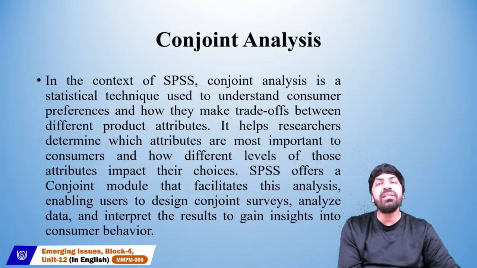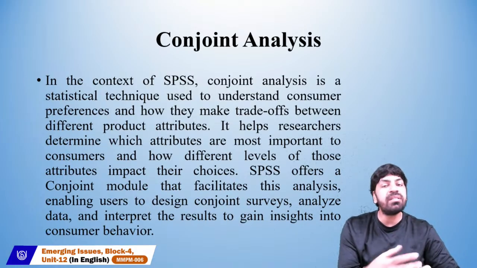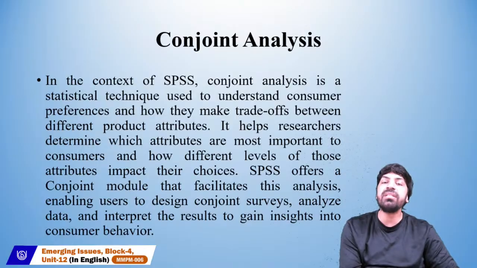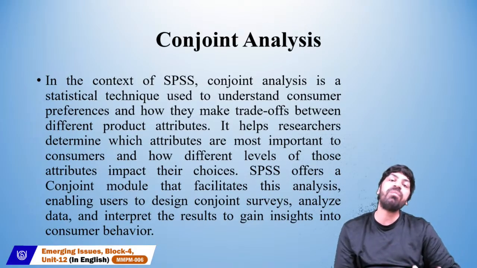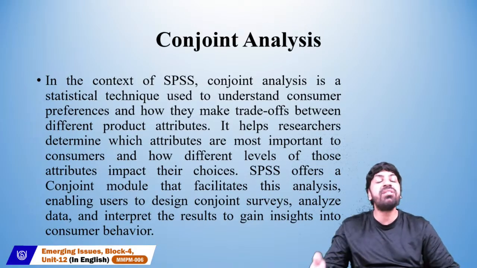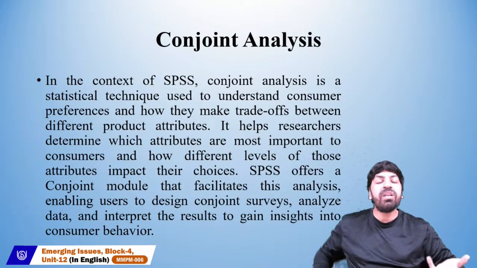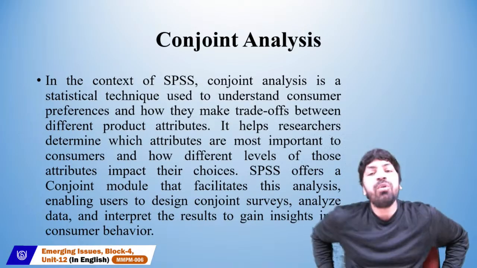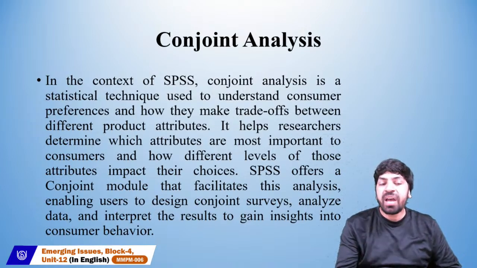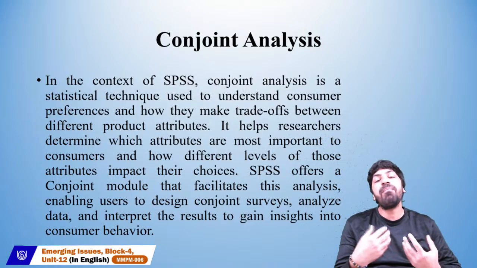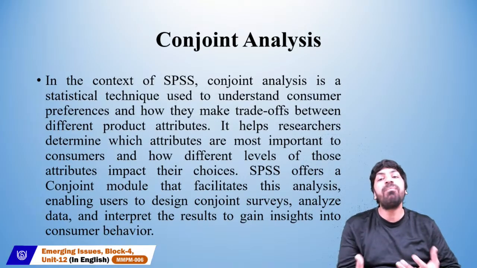So conjoint analysis is one of the statistical tools which is always used to understand consumer preferences, consumer perceptions and behavior, whether there is any trade-off between the different product attributes in the minds of consumers, and what sort of behavior they show when they try to buy a new product.